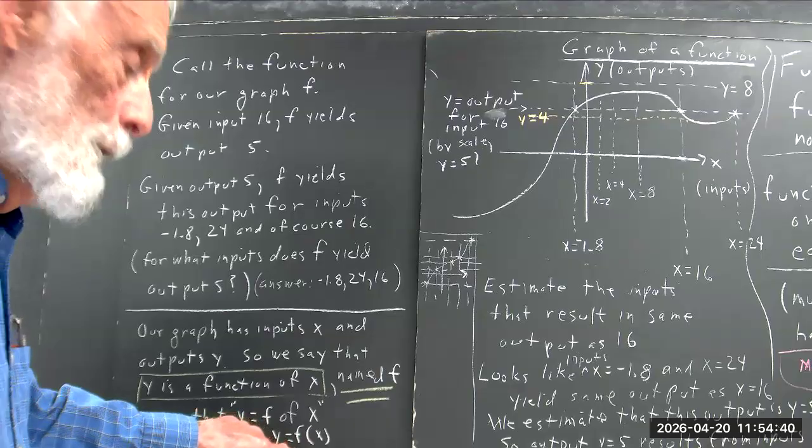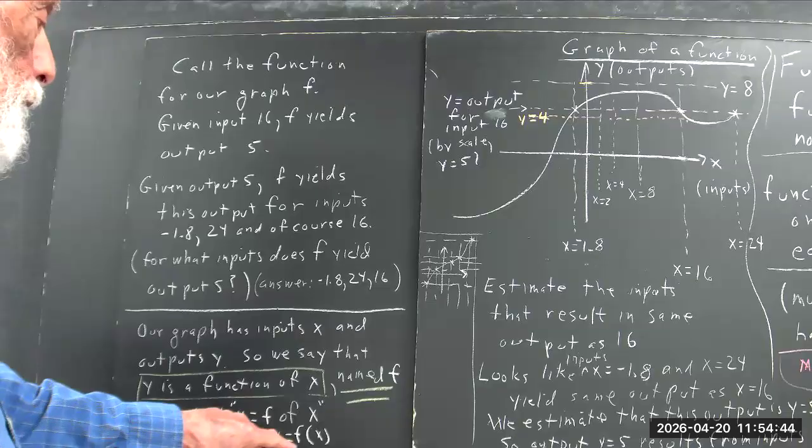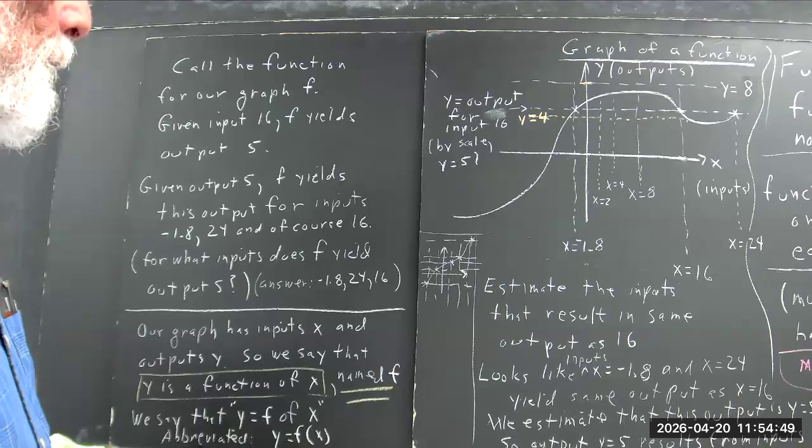It's an input that results in an output Y. We read this, Y equals F of X, and we write it Y equals F parentheses X.